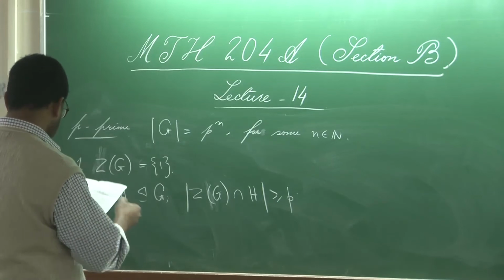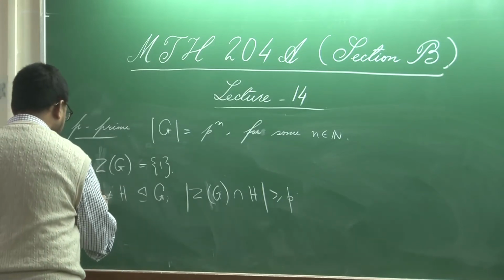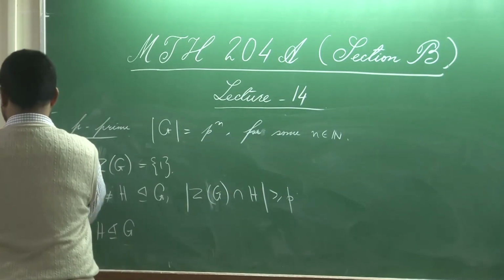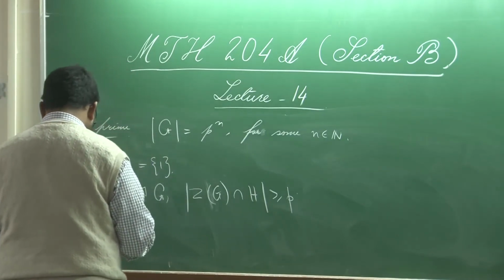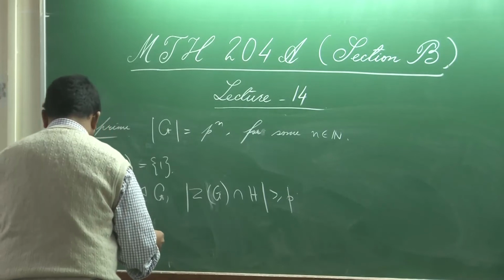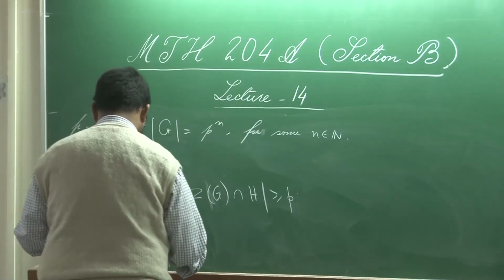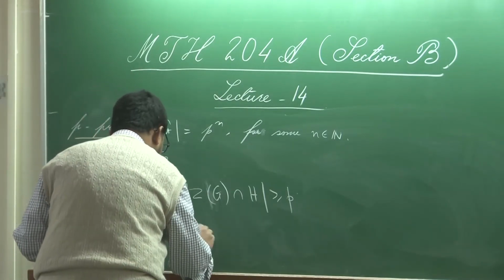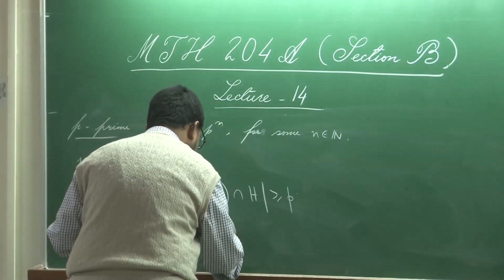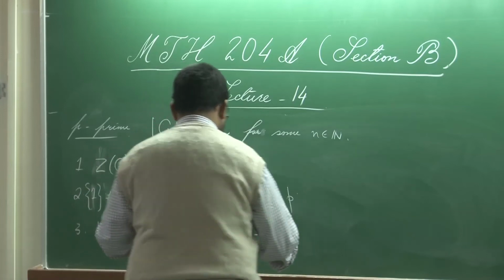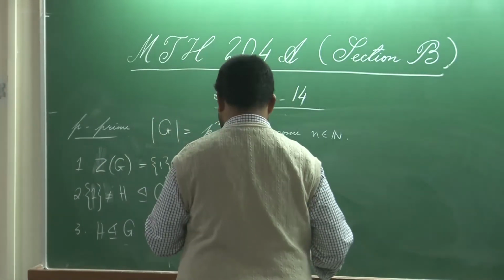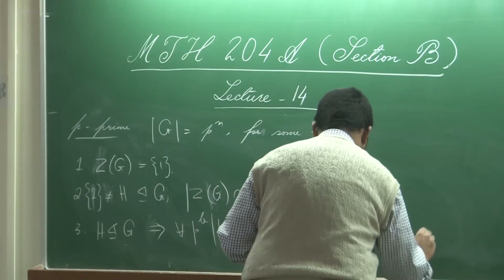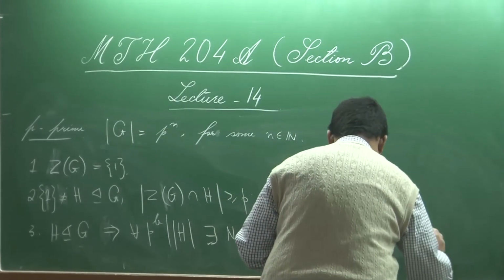And then what further is true, which we haven't deduced and which we will prove now, is this: suppose H is a normal subgroup of G. Then for every prime power divisor of the order of H, there exists a normal subgroup of G which is contained inside H and has exactly that order.